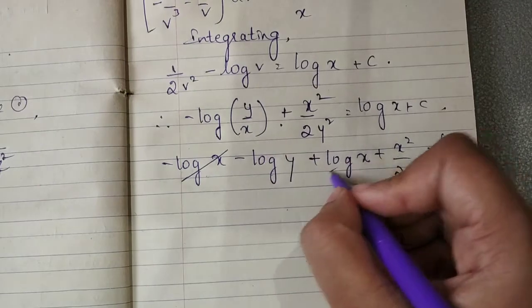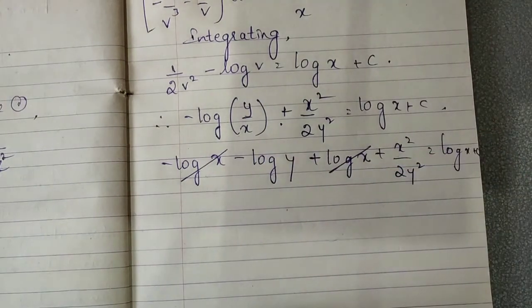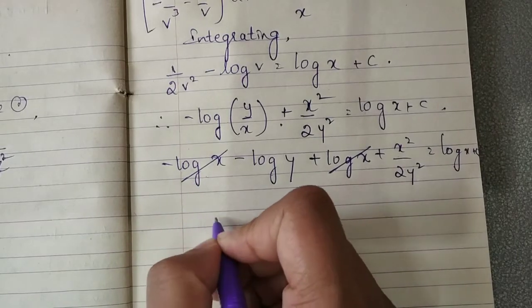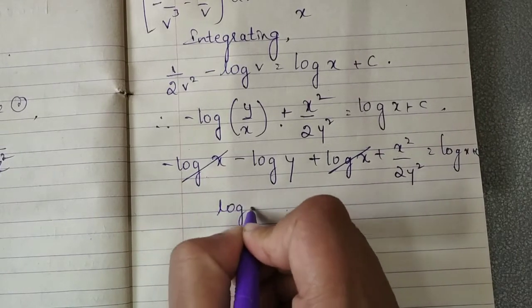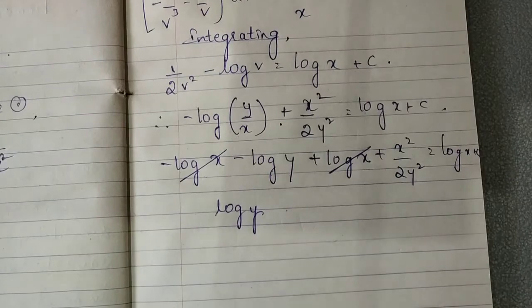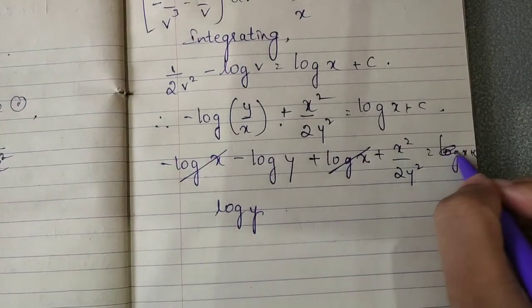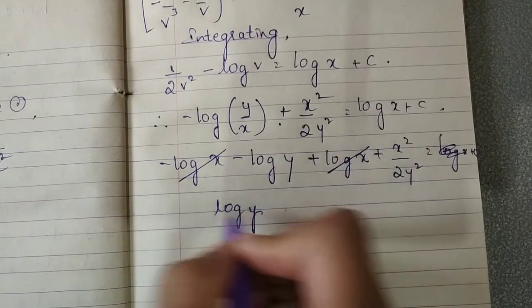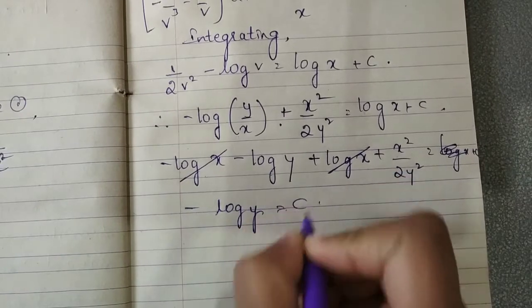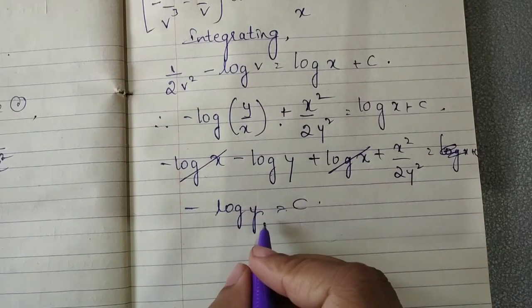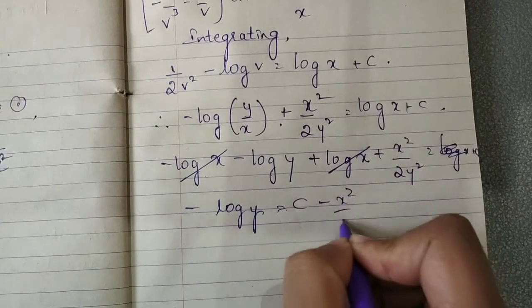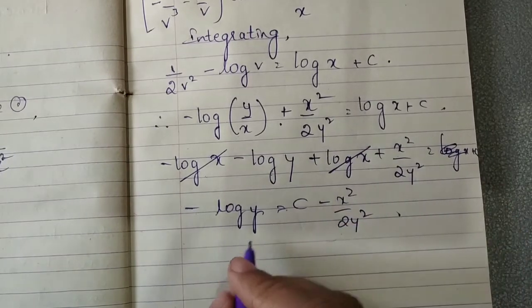Here log x can be cancelled. Log y. Oh, this we took this side, no? Right. Y equal to c we left minus x square by 2y square is there.